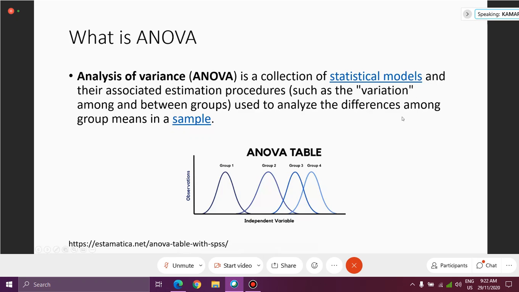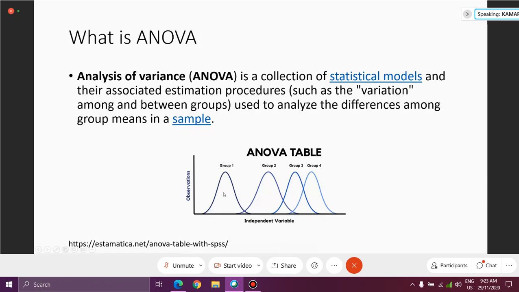So what we do with ANOVA is that we estimate the variance, or the variations, among and between groups. For example, you have group 1, maybe Malay, group 2 Chinese, group 3 Indian, group 4 others.